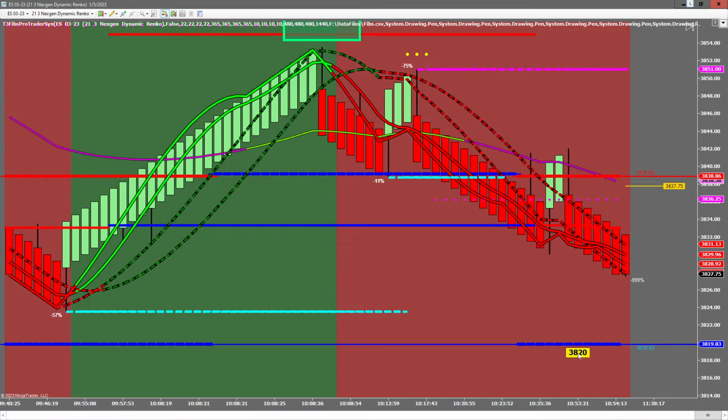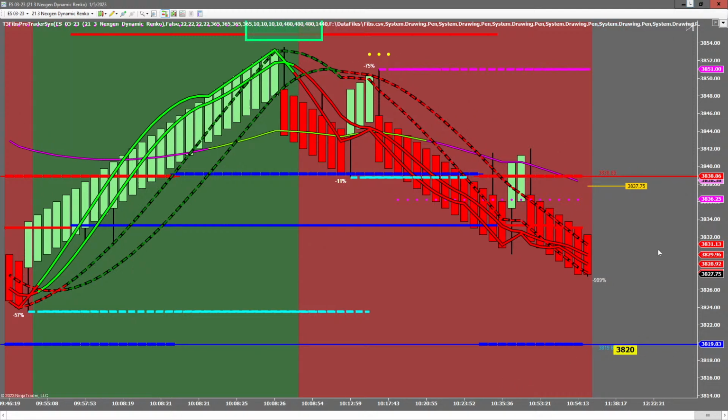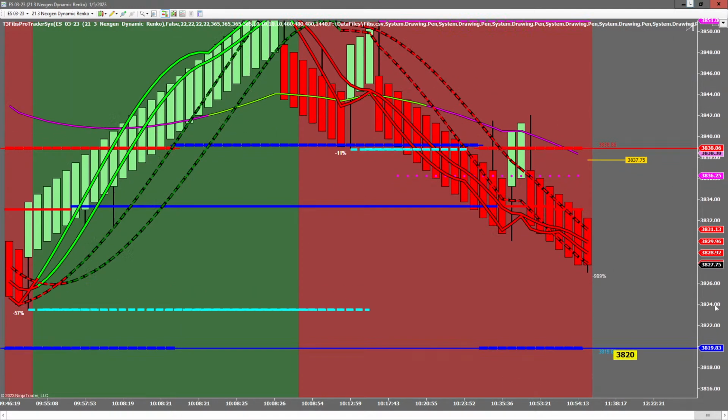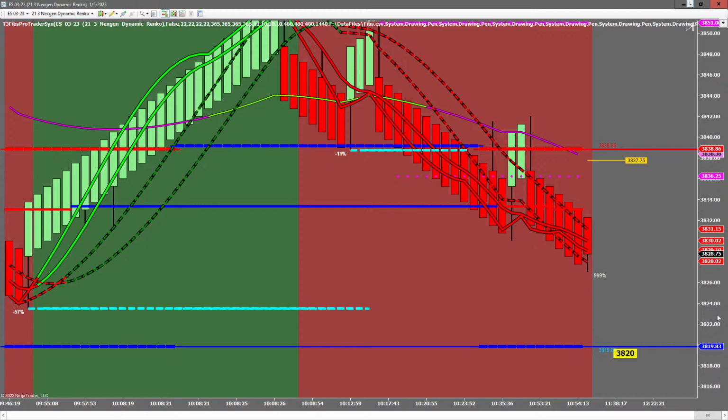All right, so I still have 38.20 down here. What do you guys think about the 21-3 chart? Is there any reason to think we were going up still? I know we went up a little bit higher, but is there any reason to think anything but downside at the moment?